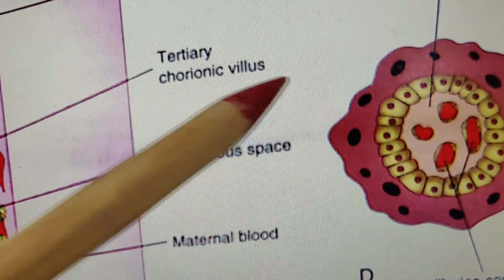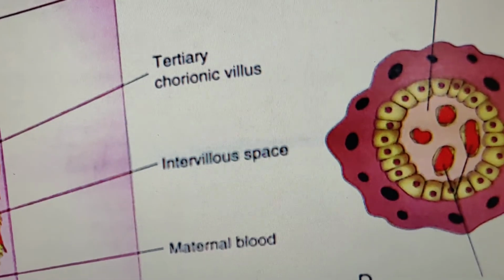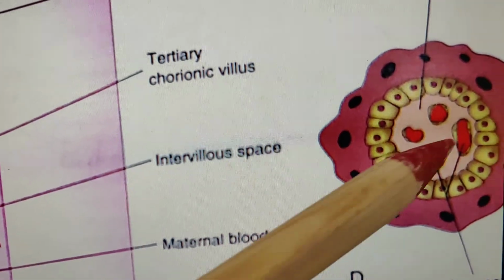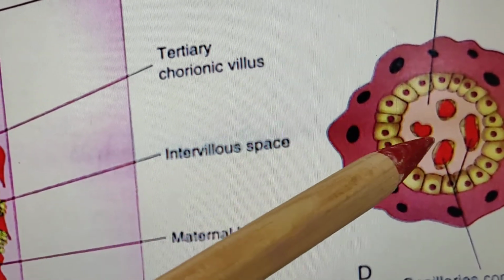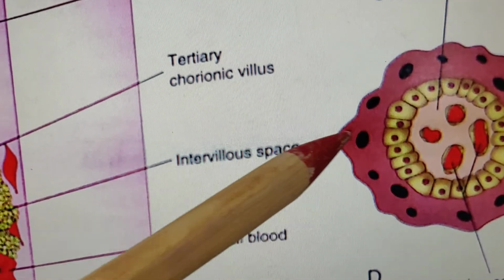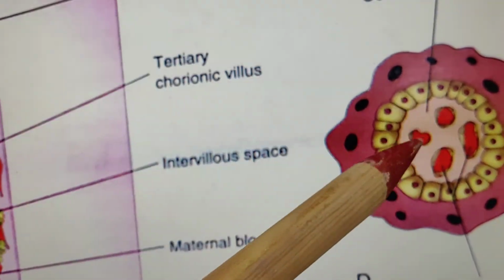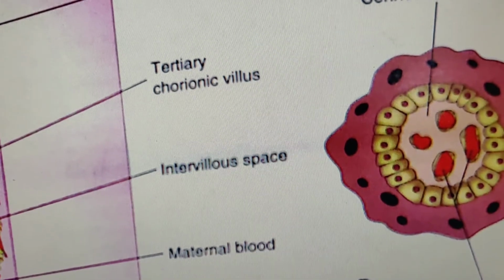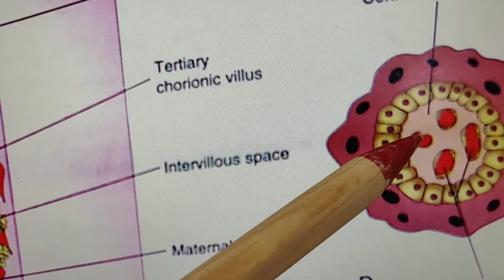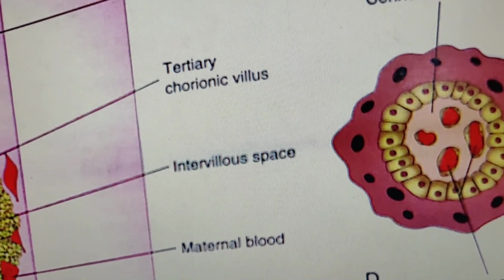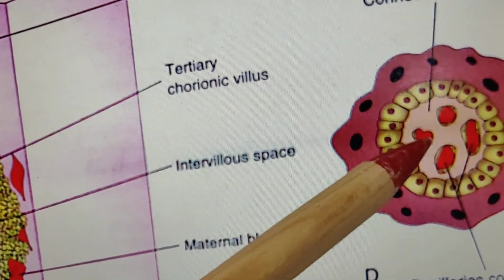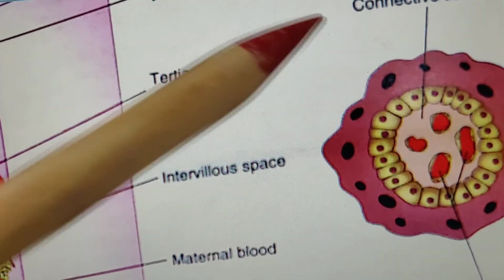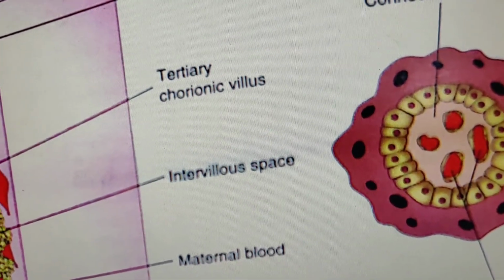The exchange of nutrients, waste products or gas takes place through this wall that forms the wall of the villi, and it is the placental membrane. In the early half of the pregnancy, it has 4 layers. But as the pregnancy progresses, these layers thin out. The 4 layers become 3 or 2.